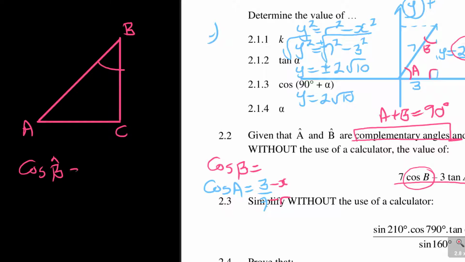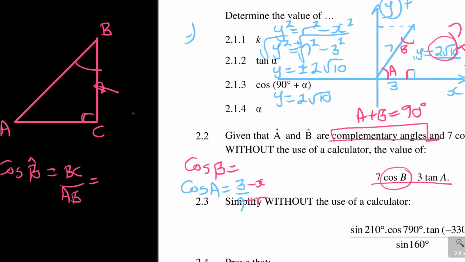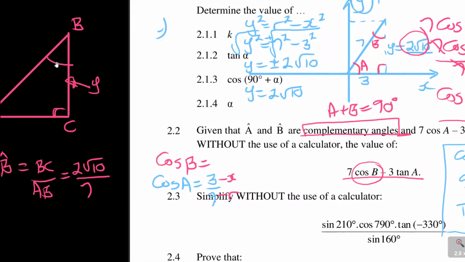Now that angle B is adjacent. See, this is 90 degrees. So cos B is, this is my adjacent, which is BC, over hypotenuse, which is AB. Now my BC, as I said, is now represented by my Y, which is 2√10/7. Do you see that? That's the part that I have here on cos B.